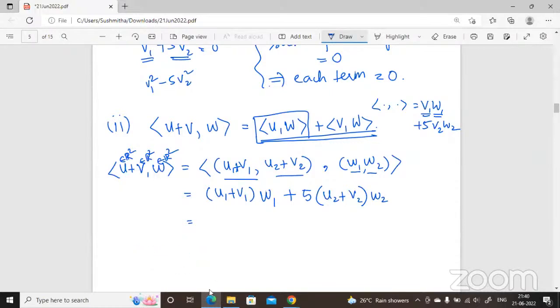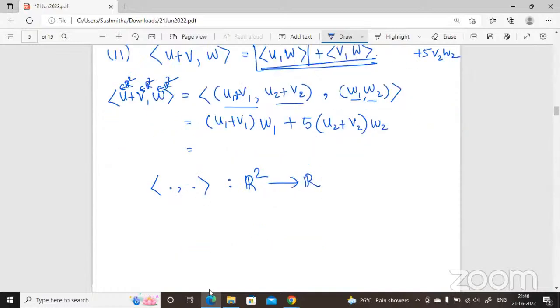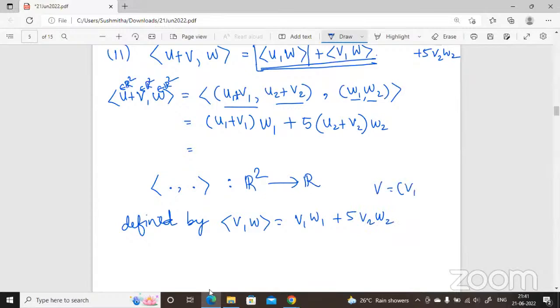The question says the inner product is a function from R2 to R, right? My inner product that we started with is from R2 to R. And I said this is defined by inner product V comma W is equal to V1 W1 plus 5 times V2 W2, where V is V1 V2, W is W1 W2.